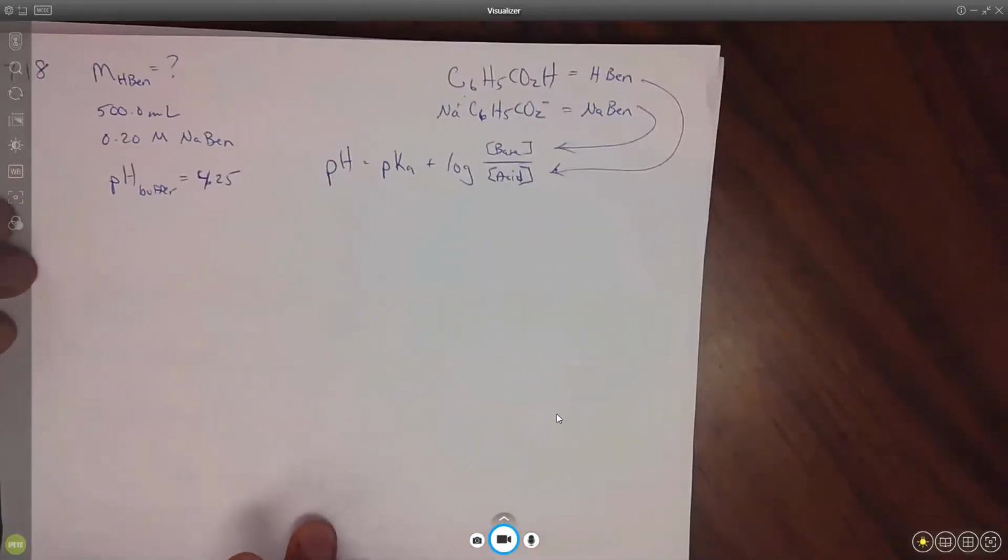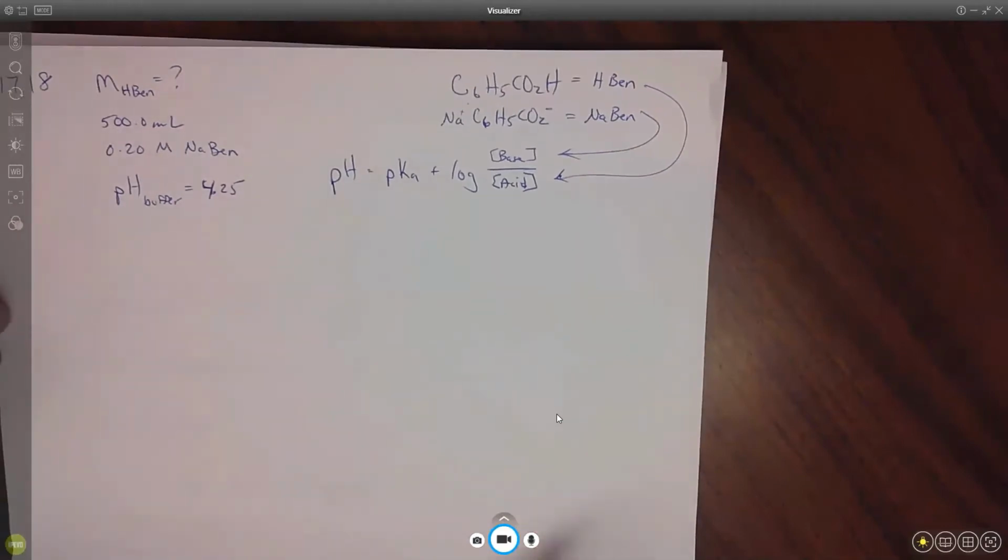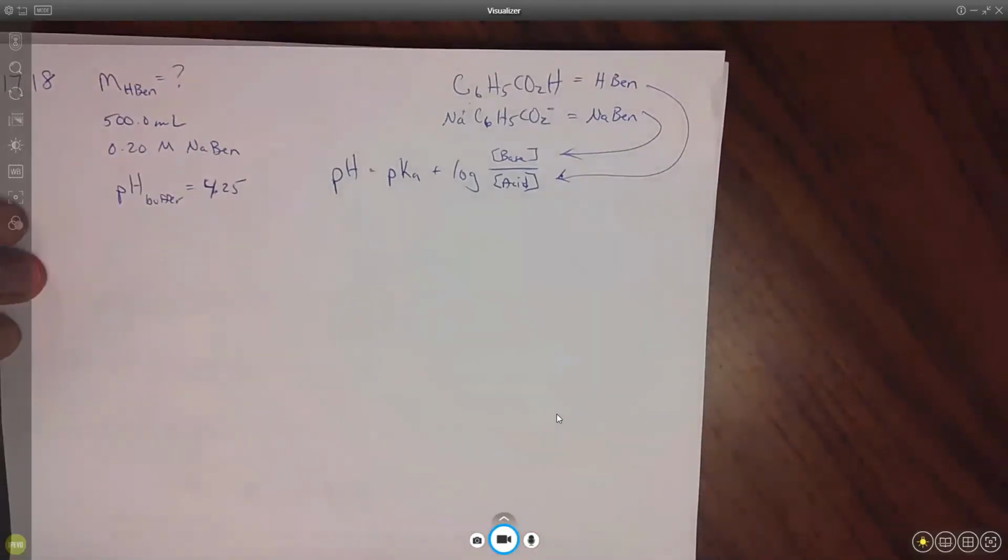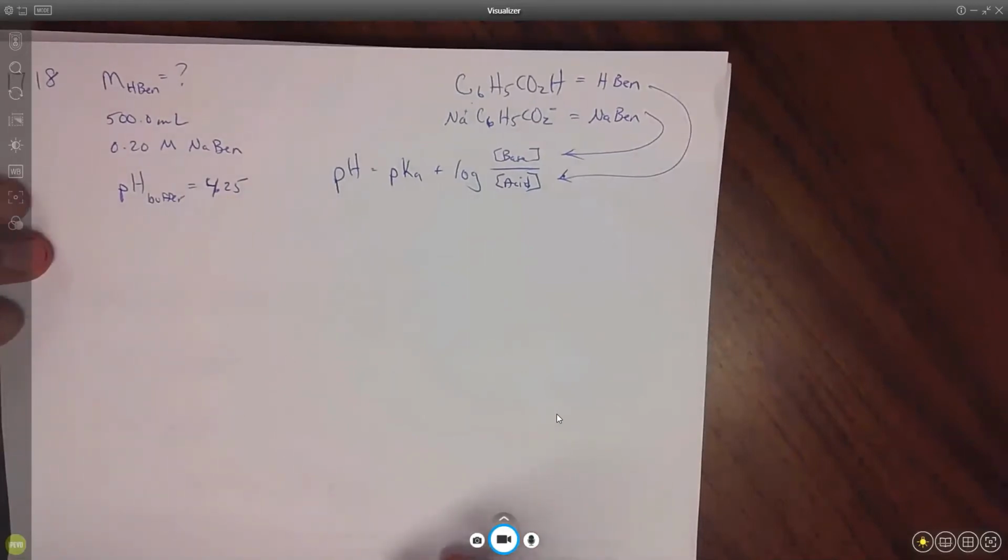Okay. What am I solving for? I want the mass of benzoic acid. What am I solving for? The concentration of the acid.